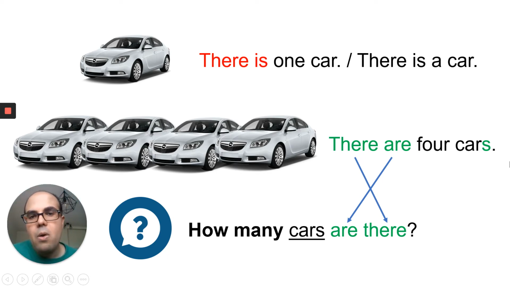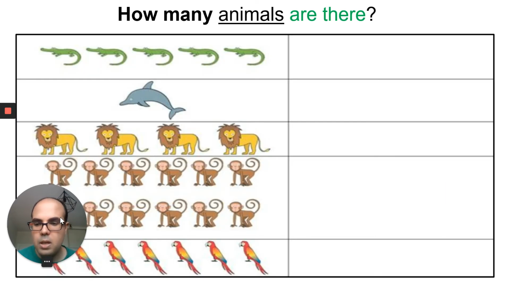Nice. And now I'd like to practice a little bit more about this question and sentences. So let's move now to these animals. Okay, and we're going to read the sentence. How many animals are there? In this case, we're asking about animals.